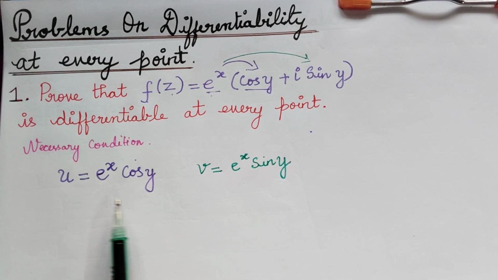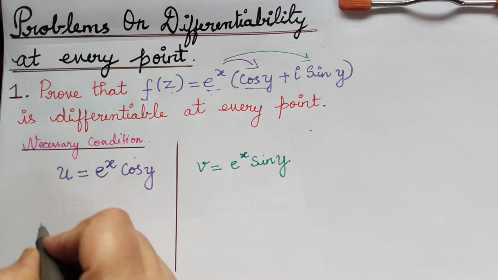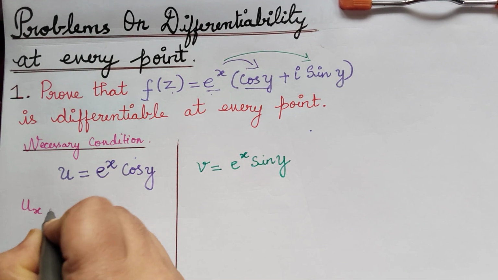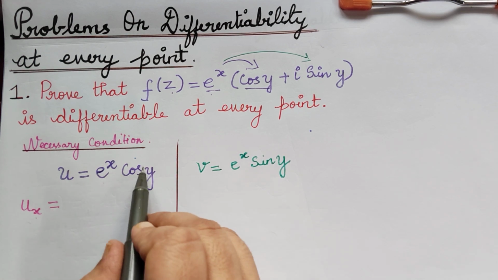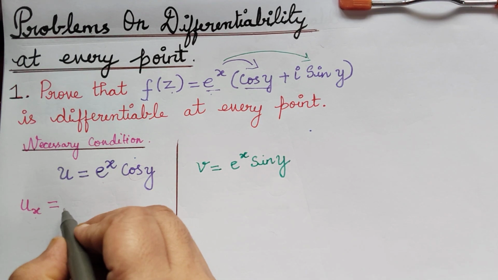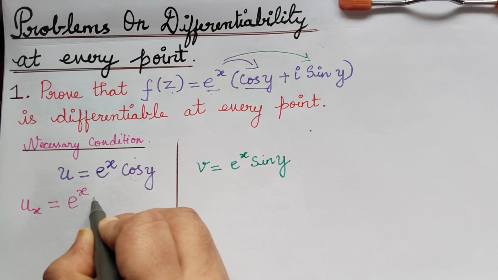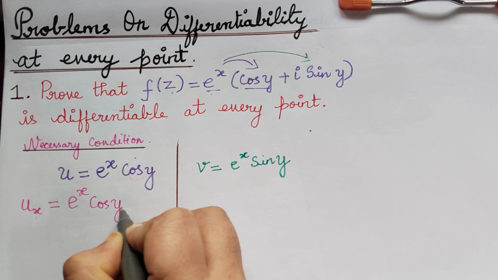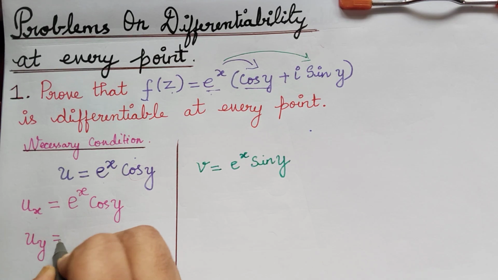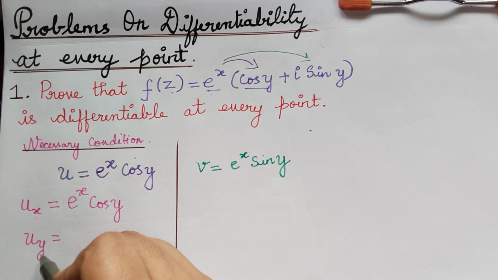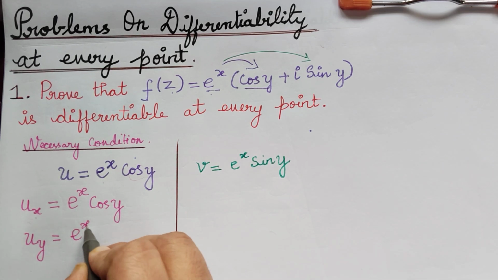Now we shall find the first order partial derivatives of these two functions. First is to find ux, that is we differentiate u partially with respect to x. y will be treated as constant, and differentiation of e power x is e power x only. So we get e power x cos y. In a similar way, we find uy, that is we differentiate u partially with respect to y. x will be treated as constant, so e power x remains the same.